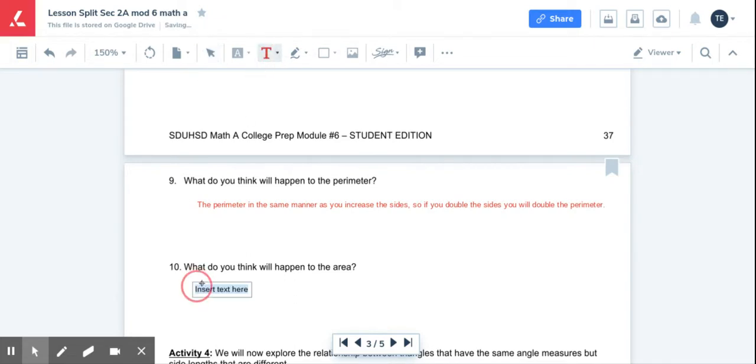So here, the area will not increase in the same manner. When I doubled the sides, I made the area 4 times as big.